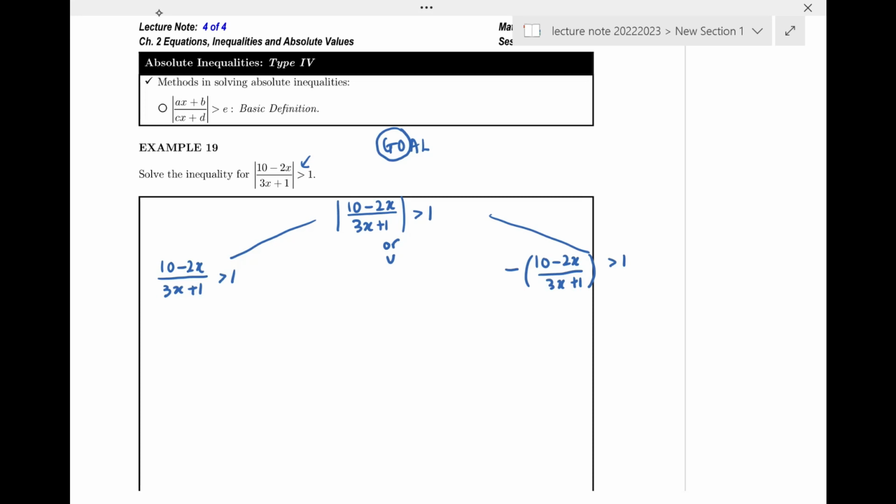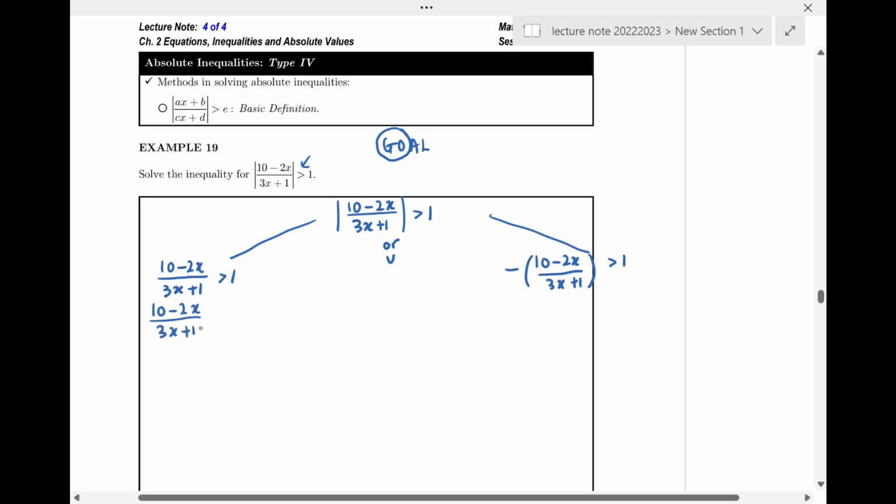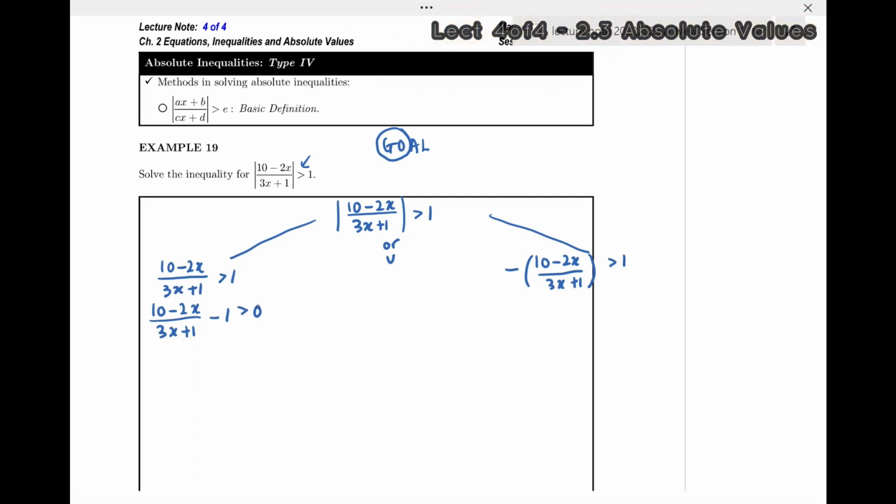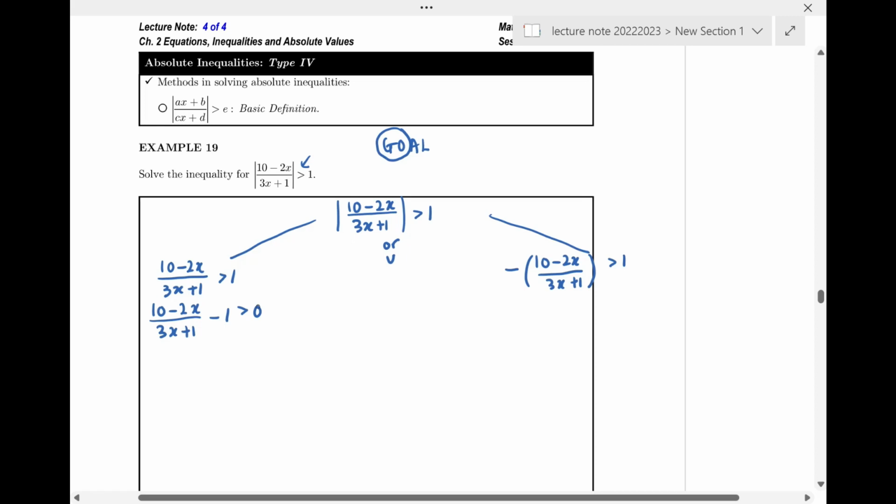So we have (10 minus 2x) over (3x plus 1) minus 1 greater than 0. We have to make sure we have 0 on the right side. After we get them on the left side, we have to make the denominators the same.